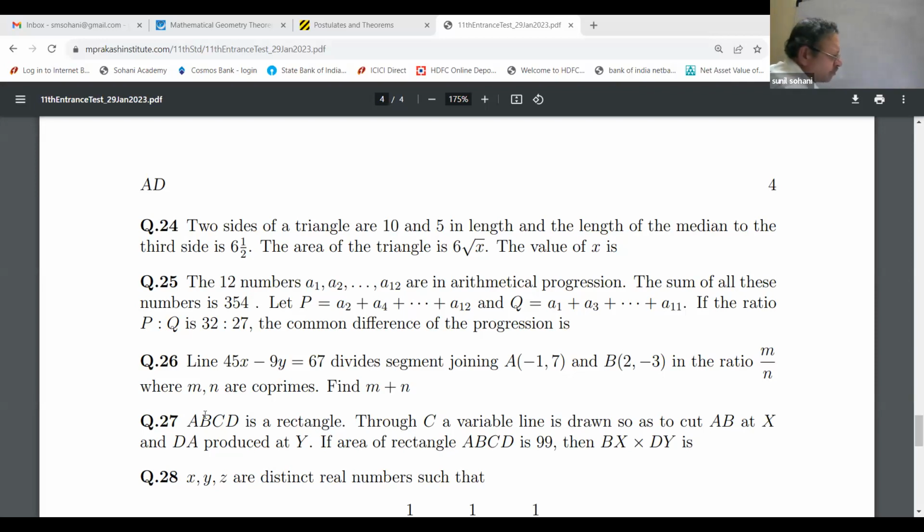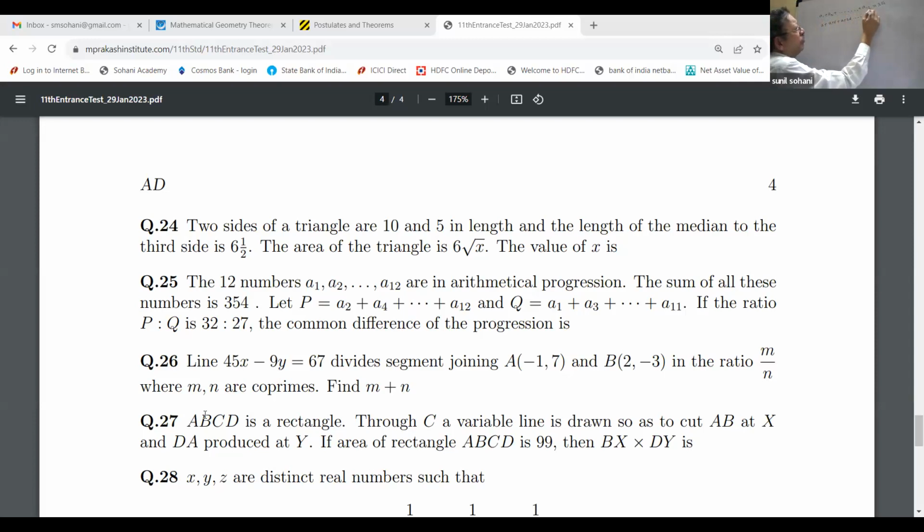So looking at the first statement, I can write like this: A1 plus A2, and last part is A12, and the addition is 354. I can express this as A1 is called A, then A2 will be A plus the difference, A3 will be A plus two differences, and so on.